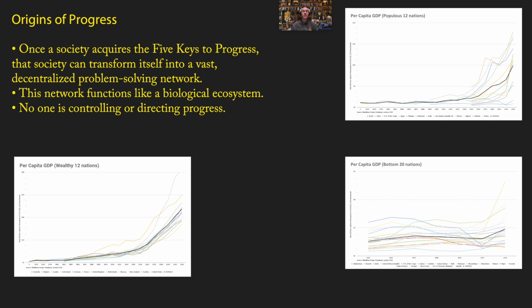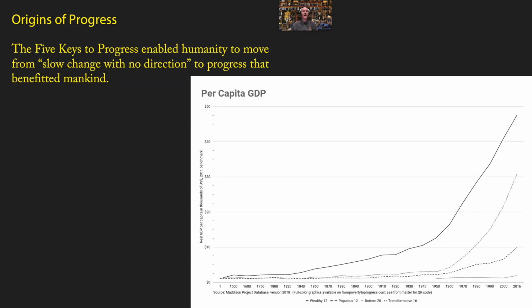This network functions a lot like a biological ecosystem. There's no one in charge of it. It just happens because people have the incentive to make it happen. The 5 keys to progress enable humanity to move from slow change with no direction, which is essentially what the vast majority of human history was, to progress that benefited mankind.